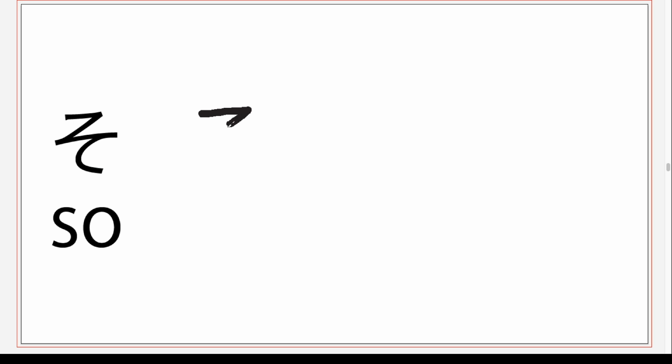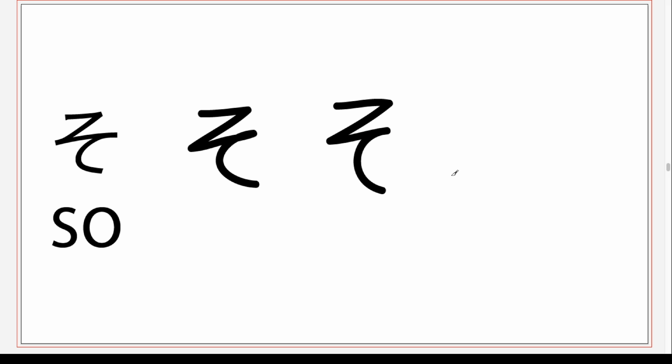So we're going to start with that Z on top, right? Like that, and give it a little tail. So, okay, let's try that again. And this is all one stroke. So, all right, and this could be a little wider, right? It's not going to be perfect, but when you compare your handwriting to a font, it's never going to be perfect, so don't worry about it.